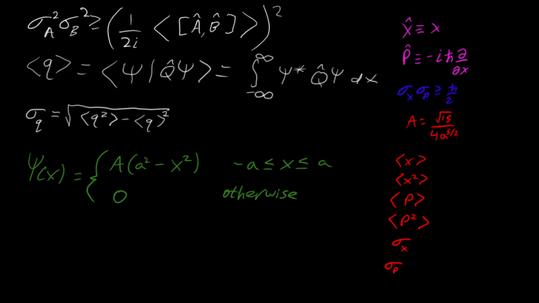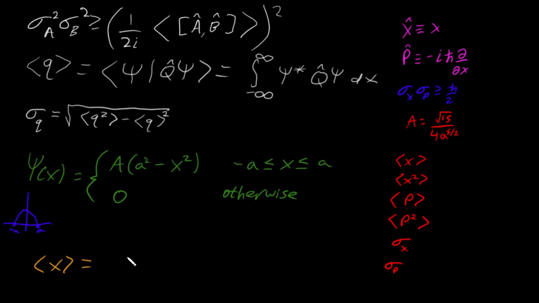I'm going to leave up the graph of this because it will have some interesting consequences from a to negative a. Okay. So, first thing we want is the expectation value of position.